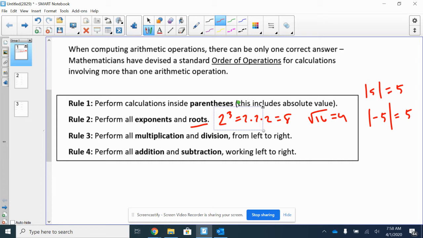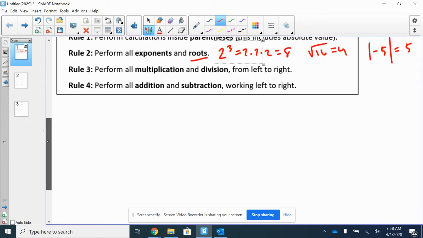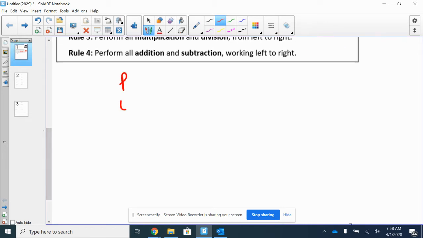Rule 3 is perform all multiplication and division from left to right. This is where students make errors when they use please excuse my dear Aunt Sally. I'm sure a lot of you have seen it like this: please excuse my dear Aunt Sally.